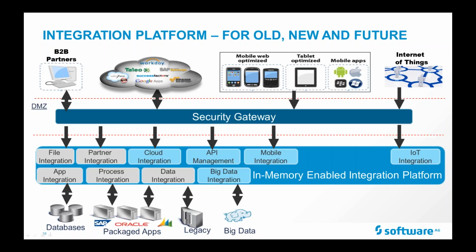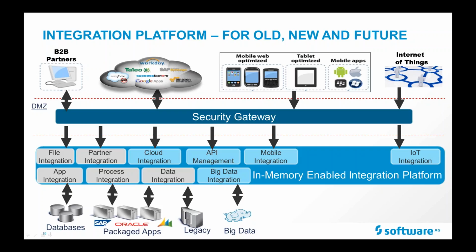So not only can you connect your legacy system, but you can also build your new apps on top of it. You can also expose your services for mobile apps. You can connect mobile devices. You can exchange data with your B2B partners. And on the right-hand side, you will see Internet of Things. You can connect with other IoT systems. We also provide very deep IoT capabilities.